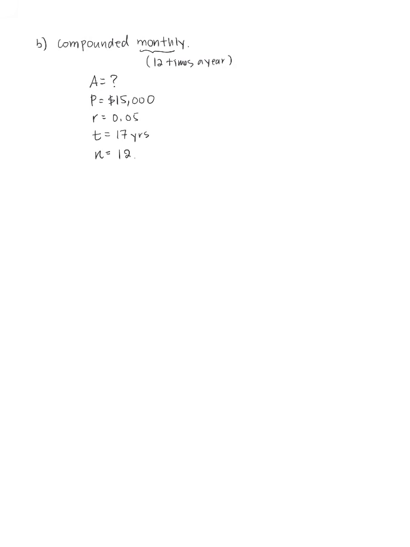Now let's use the formula A equals P times 1 plus R over N to the NT power. Okay, so we got A equals 15,000 times 1 plus 0.05 over 12 in this case to the 12 times 17.